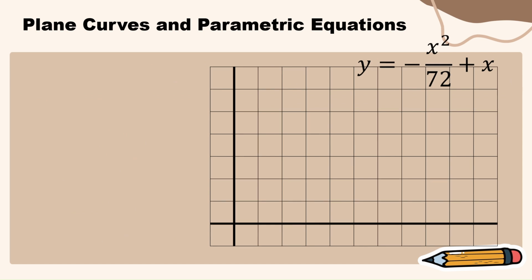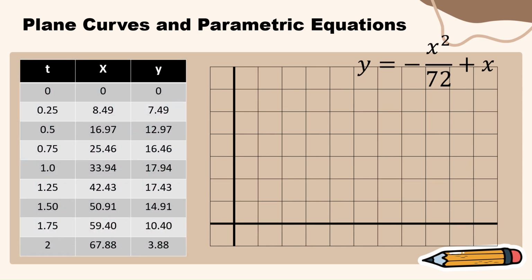So, kung isosolve natin, ito yung makukuha nating values of x and y. So, if our time is 0, our x would be 0, as well as y is equal to 0. Pag nakuha natin lahat ng to, we may plot this x and y. So, this will be our Cartesian coordinate plane, this will be our y, this will be our x.